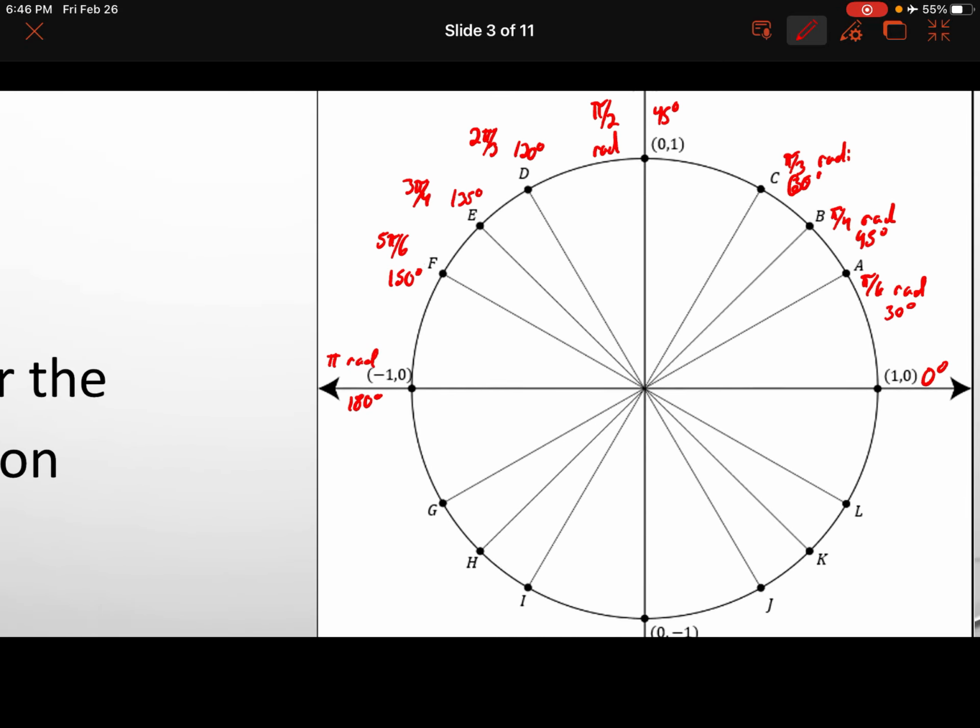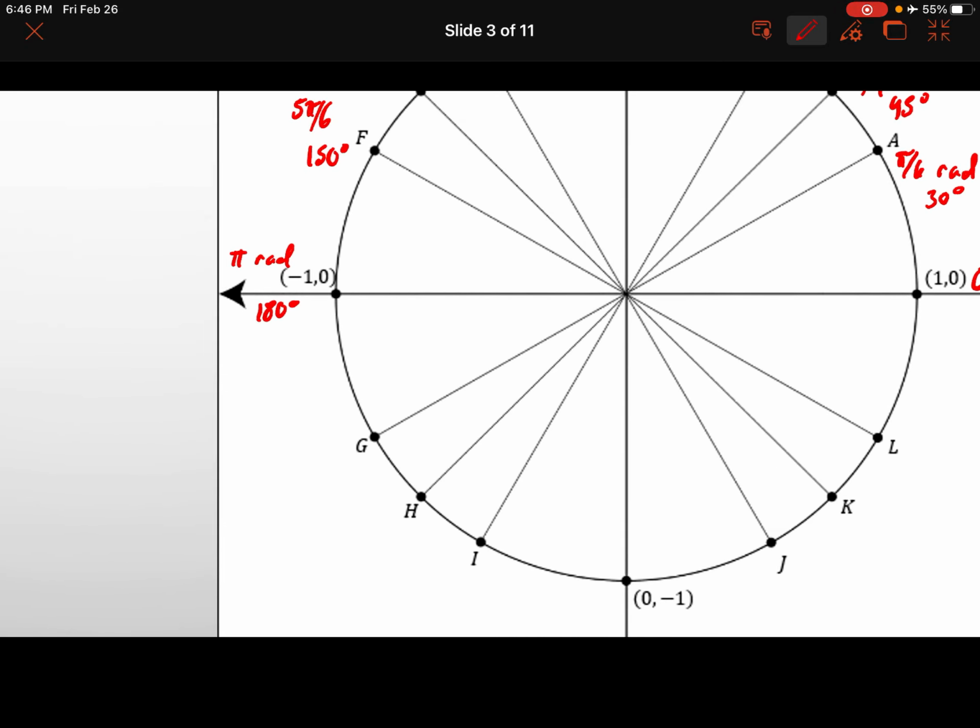Continuing on, point G will be 7 pi over 6, or 210 degrees. Point H will be 5 pi over 4 radians, or 225 degrees. Point I is going to be 4 pi over 3 radians, or 240 degrees.